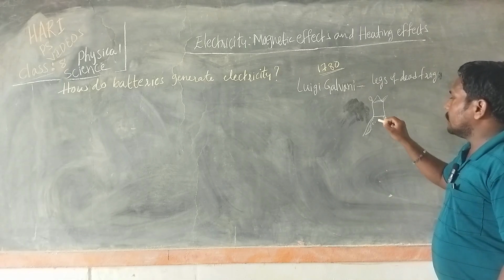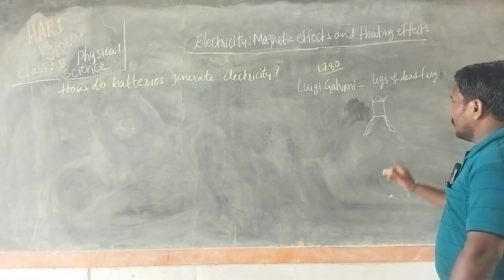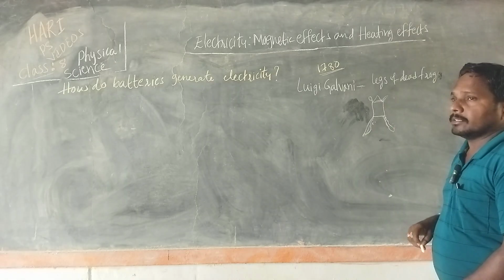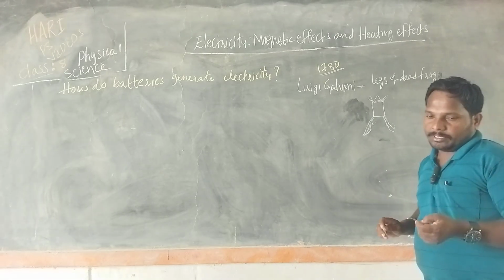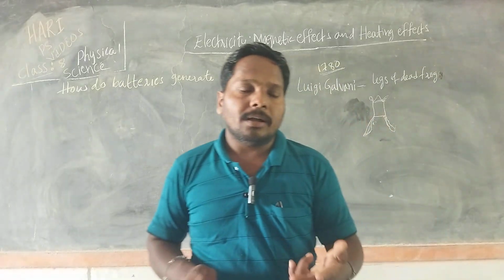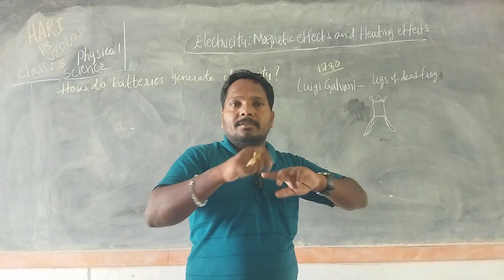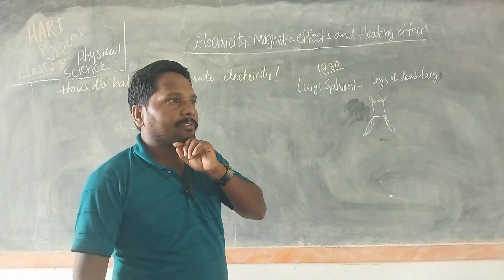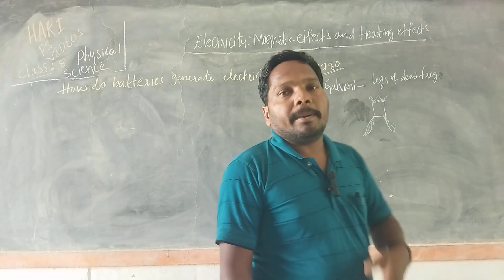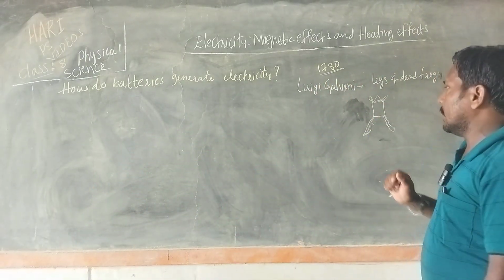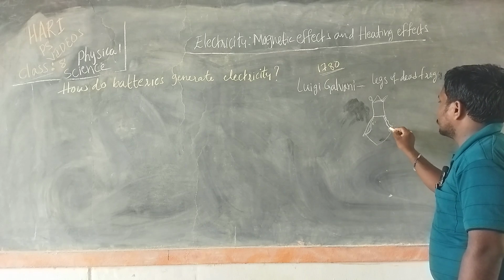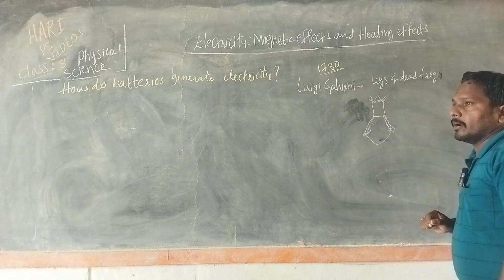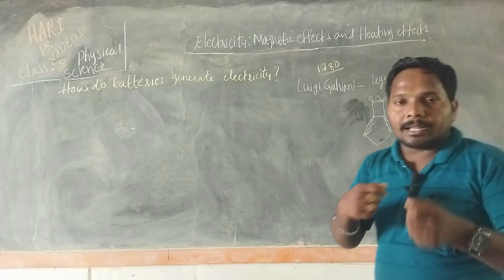The legs of the dead frog were twisted with a metallic wire. He took the legs of the dead frog and twisted them with a metallic wire like copper or iron.